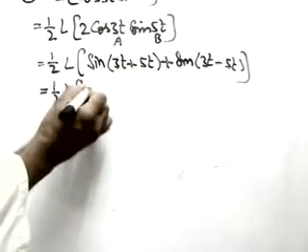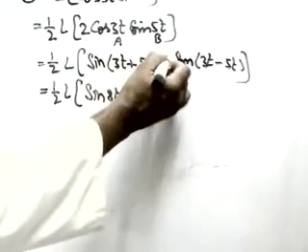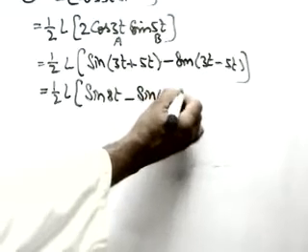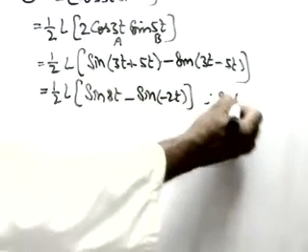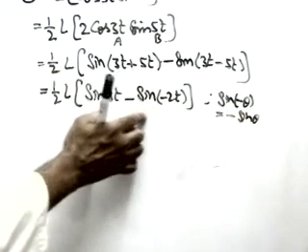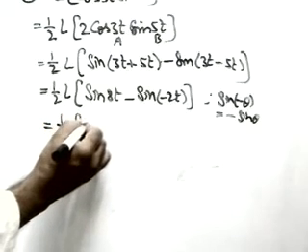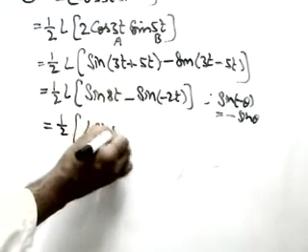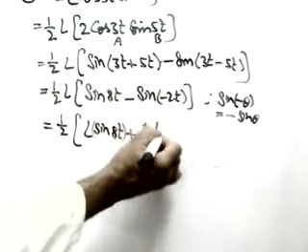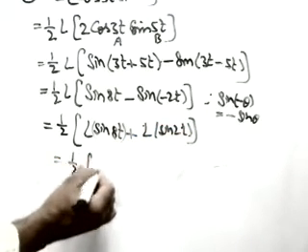Now add the terms: 1 by 2 into Laplace of sin 8t, minus sin of 3 minus 5, minus 2t. There is a formula in trigonometry, sin of minus theta is minus sin theta. So if we take this minus outside, this minus will become plus. So half of Laplace of sin 8t plus Laplace of sin 2t.